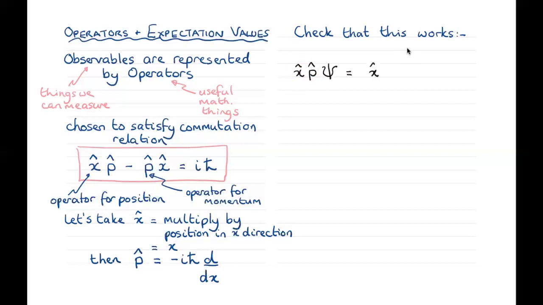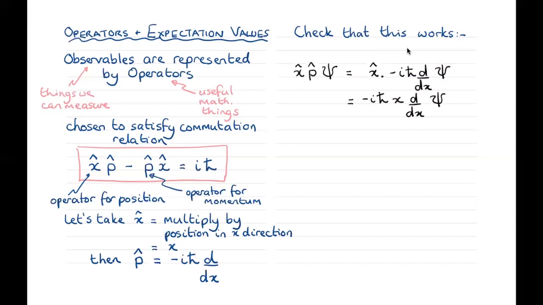This is just the position operator times minus i h bar d by dx, acting on psi, which is minus i h bar, the position operator is just x, times d by dx, acting on psi. So that's this first term in our commutation relation.